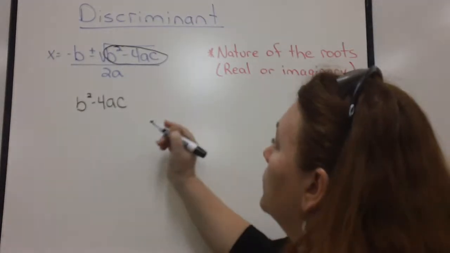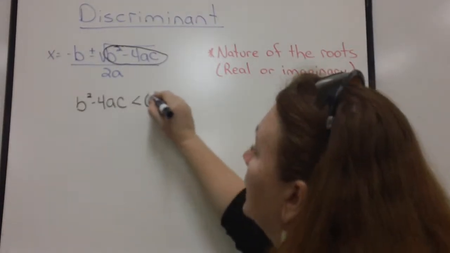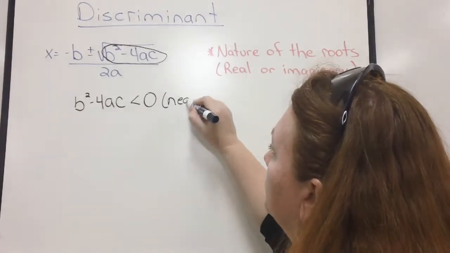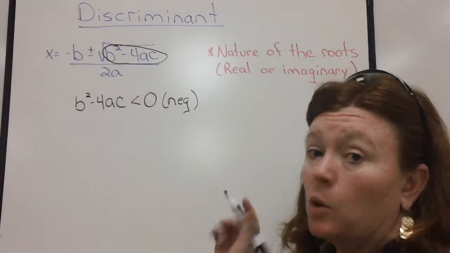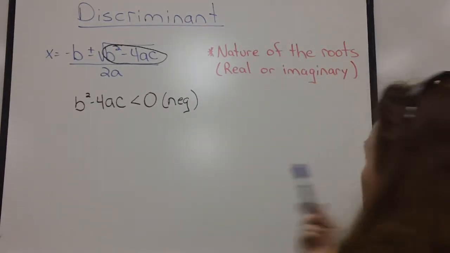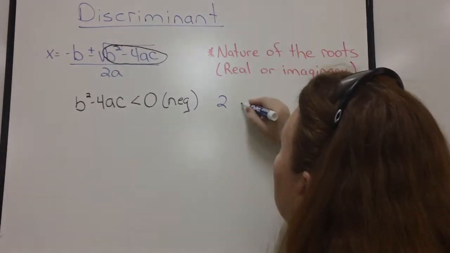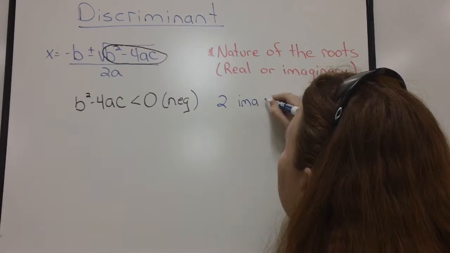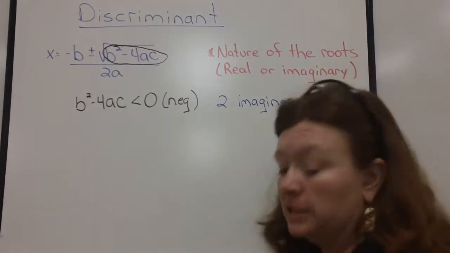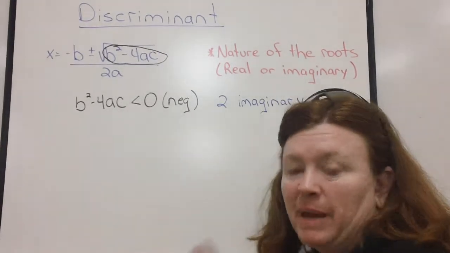So if the discriminant turns out to be less than 0, that's the same thing as negative, then that means I'm going to have 2 imaginary answers. Plus and minus is my 2, and the square root of a negative is imaginary.